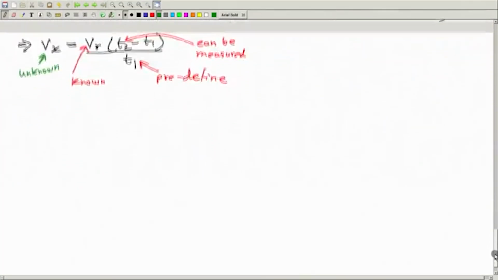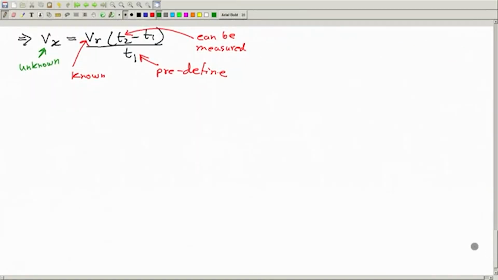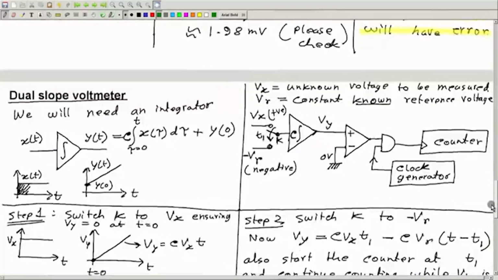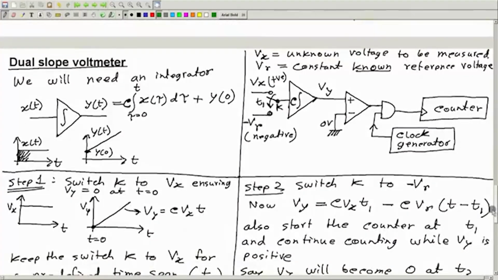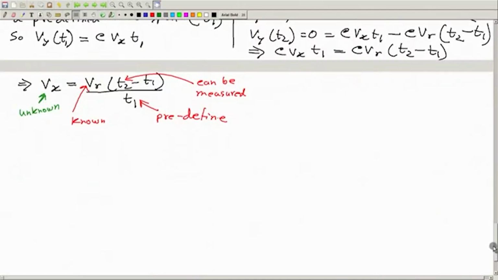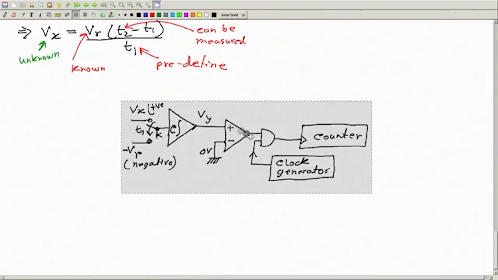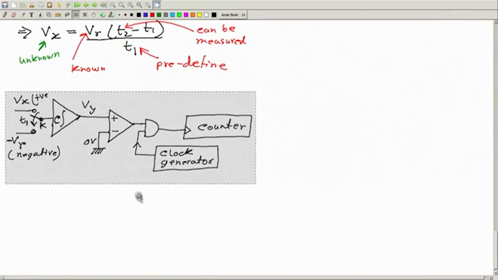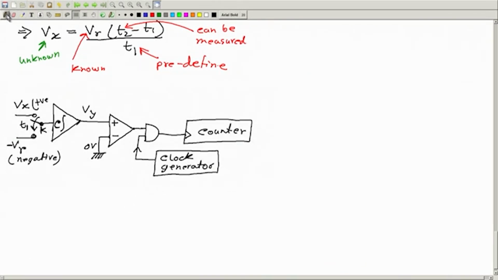Okay, let me also tell you, to make it maybe possibly more clear, let me explain this also again with some timing diagram. Let me keep it here for easy reference.